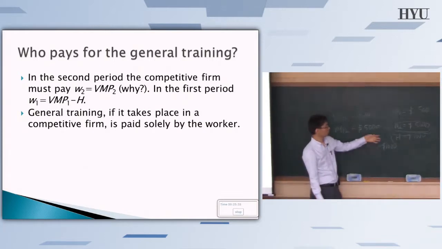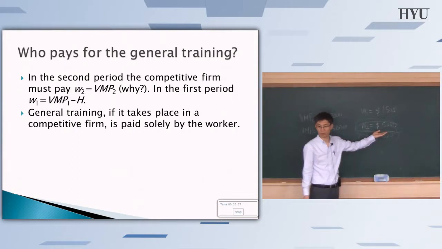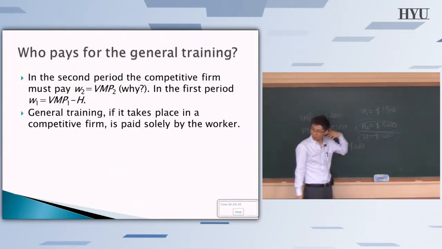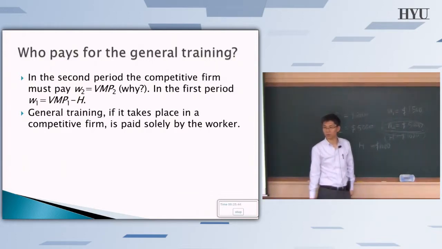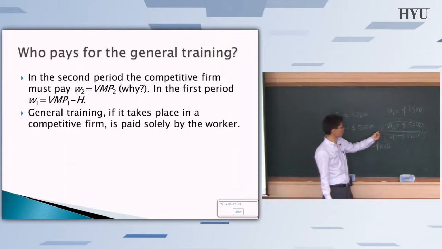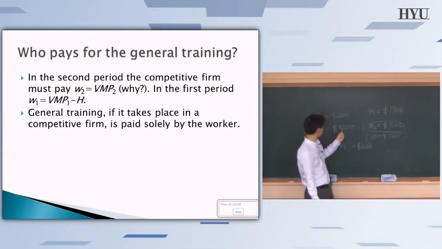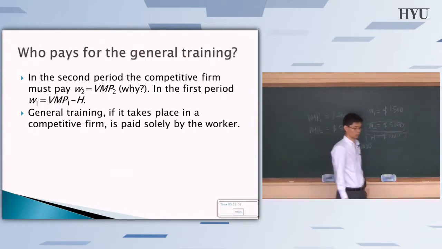So instead of getting $4,500, the worker will simply go to another firm and get $5,000. Knowing that, the firm is not willing to pay less than $5,000. That means the firm should not give anything extra to the employee in the first place.